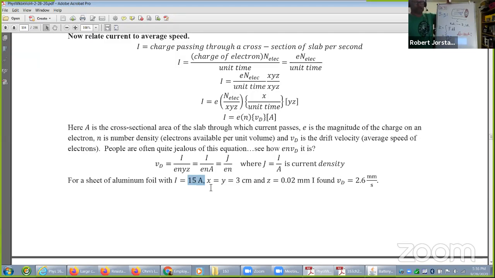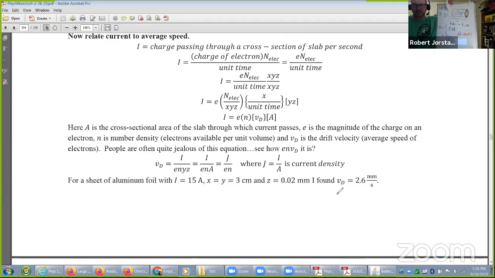Look at this speed. This is what's interesting about this. This is called the drift velocity or drift speed, and we see it's 2.6 millimeters per second. These electrons are not moving very fast, are they? On average.